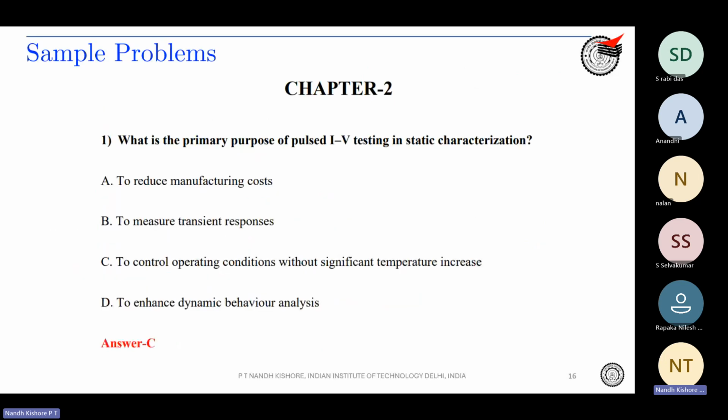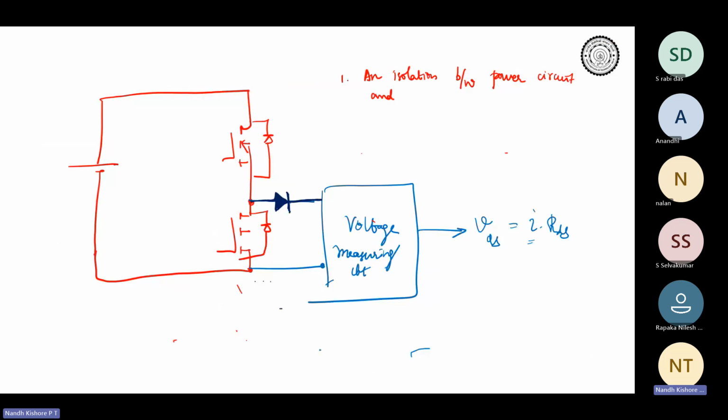You understand that this VDS is going to be somewhere between 0 to probably, we are talking about VDS equal to I into RDS only in the device being in ohmic state, right? So VDS may be maximum between, let's say, 0 to 4 or 5 volts, correct? So you will be having analog measurement circuitry, correct?